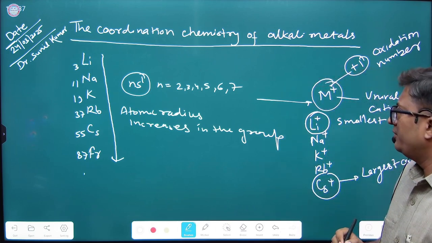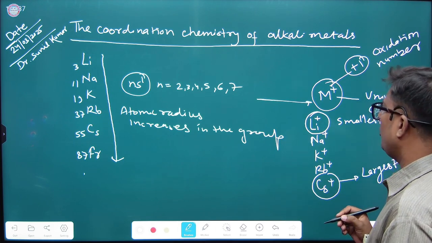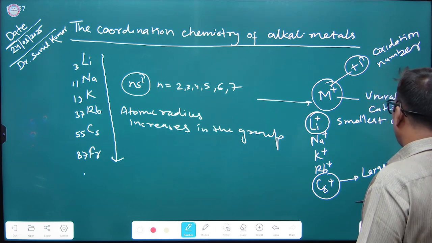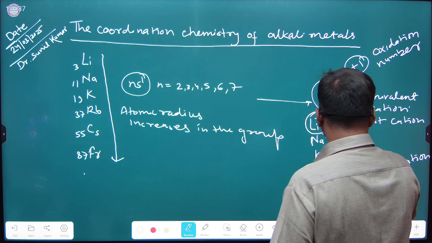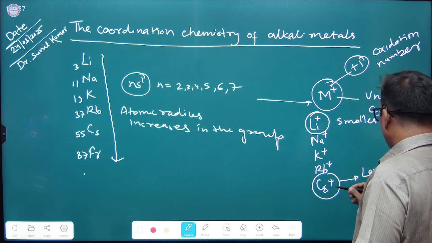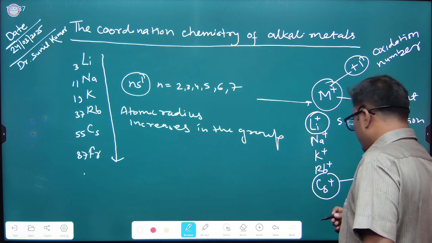So lithium is the smallest in size and cesium the largest in this group.